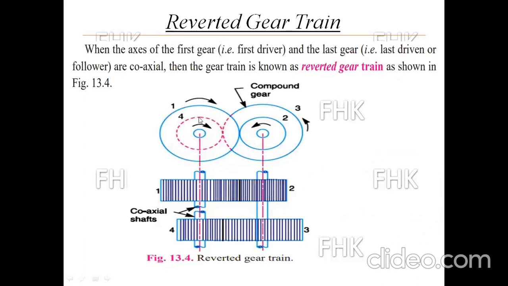So when the axis of the first gear and the axis of the last gear are coaxial, see here in the top view, we can see that the axis of the first gear and the axis of the last gear are collinear, but both the gears are mounted on different shafts.